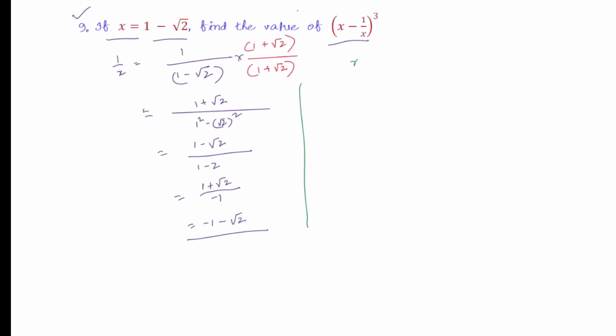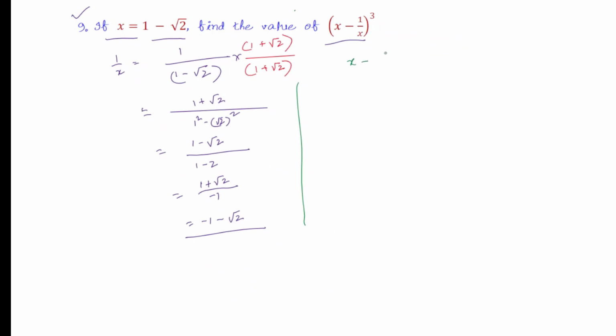So now let us find the value of x minus 1 upon x. So x is given, that is equal to 1 minus root 2, minus 1 upon x. We get this one, minus, minus 1 minus root 2, which is 1 minus root 2 plus 1 plus root 2.